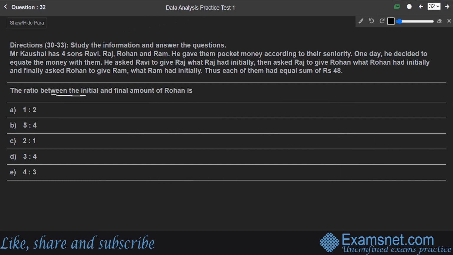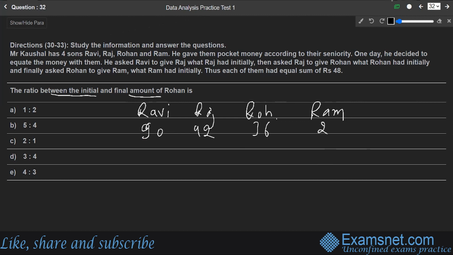Now, the ratio between the initial and the final amount of Rohan. As we calculated for everybody there, this was Ravi, this was Raj, this was Rohan, and this was Ram. The initial amounts we got were 90, 42, 36, and 24.